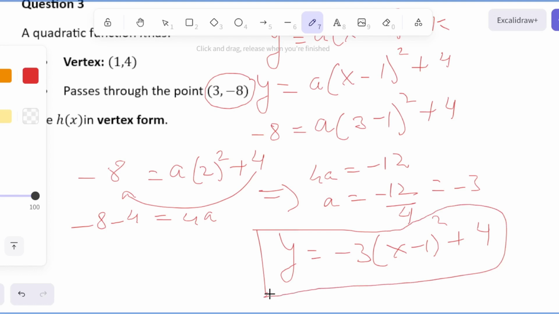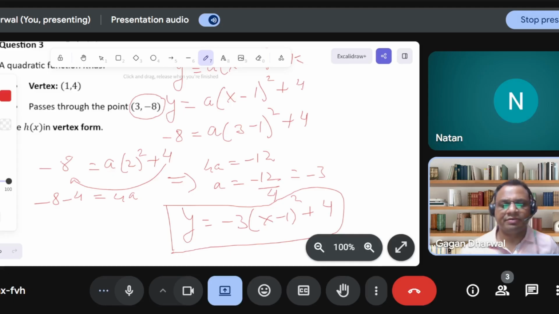So basically, whenever you're doing the vertex form of a parabola, they will provide you the coordinates of the vertex and any one point through which it passes. So you have to substitute the values in the vertex form, and then put in the coordinates they have given us to find the value of a. Once you get the value of a, you have the vertex form.